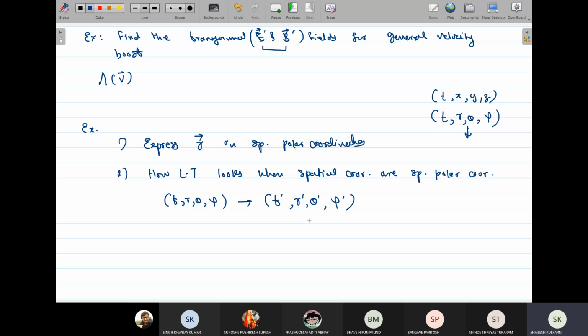There will be a matrix connecting these coordinates. Do you agree? Find that matrix. This is equal to lambda. Find lambda, and use lambda to write the transformation.